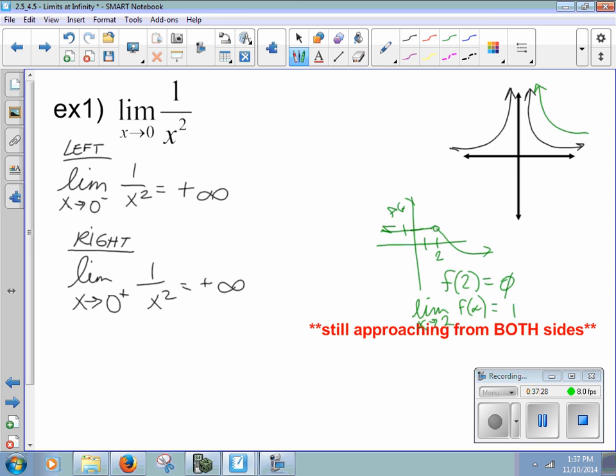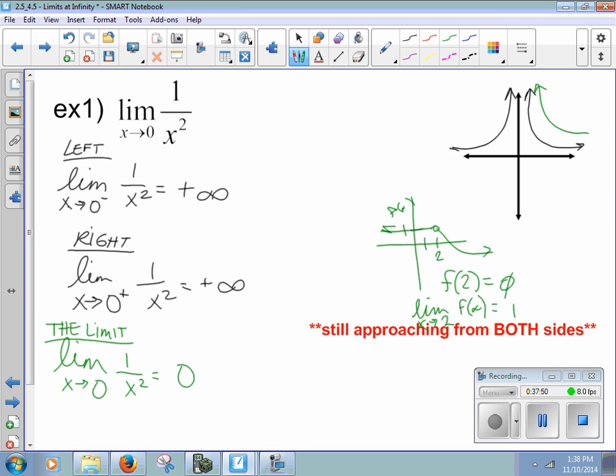So for this limit as x approaches 0, it's going to get annoyingly close to what value? It'll get annoyingly close to 0. On the AP exam, you can write that it gets extremely close. They might not love that phrasing, but it's still correct.